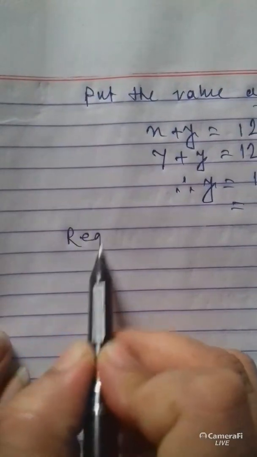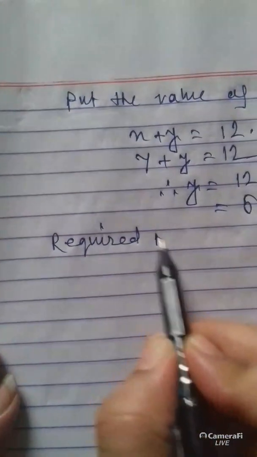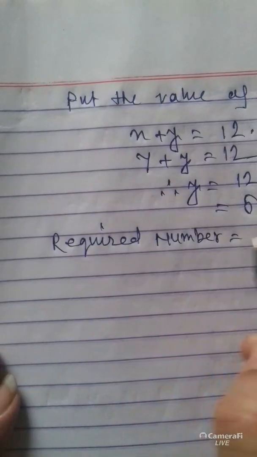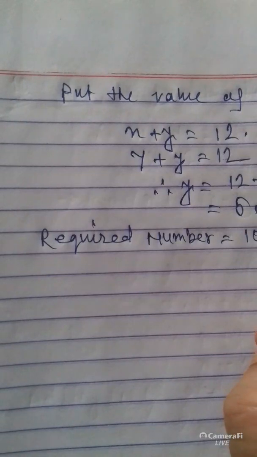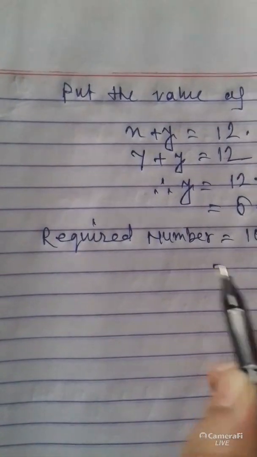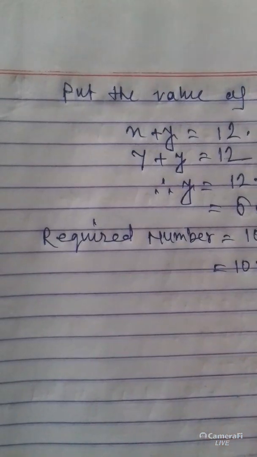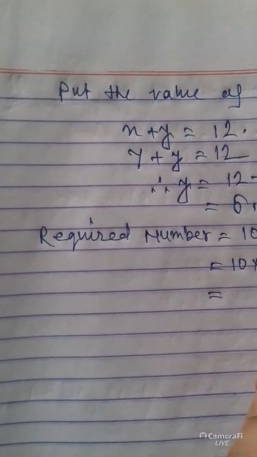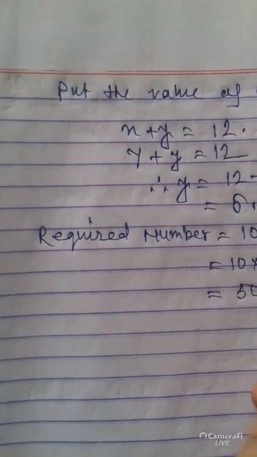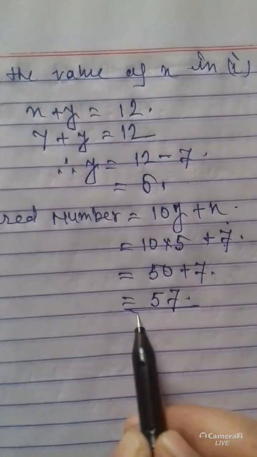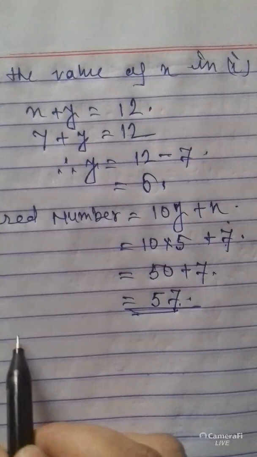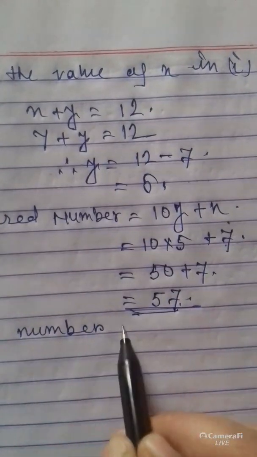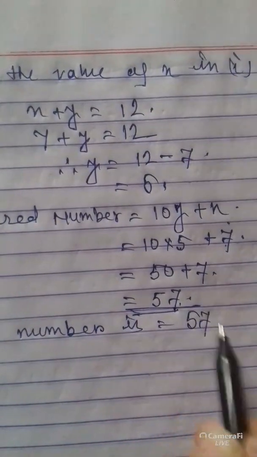Then the required number equal to 10y plus x. So 10 into 5 plus 7. Put the value of y and the value of x. 50 plus 7 means the required number equal to 57. Find the number. The answer is the number is 57.